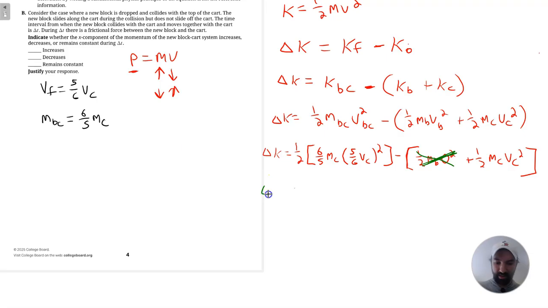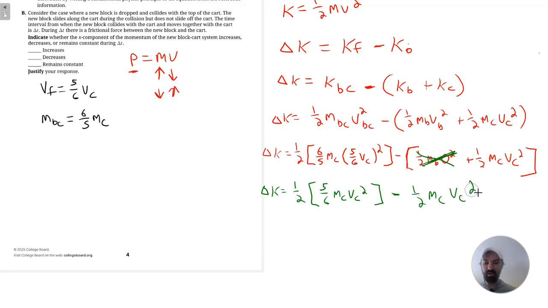So now we have that delta K is equal to 1/2. All right, the 6/5 and 5/6 cancel, so we are left with just a 5/6 mass of the cart, velocity of the cart squared, minus 1/2 mass of the cart, velocity of the cart squared. We are getting there, I promise.